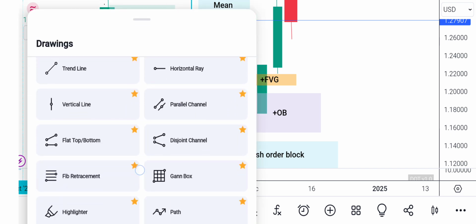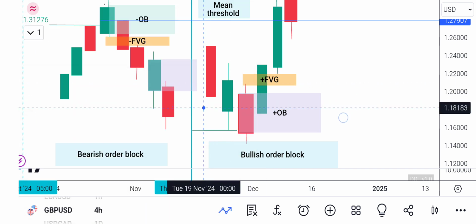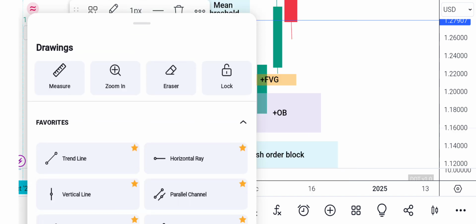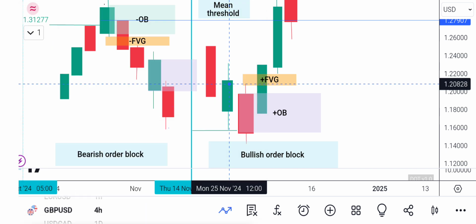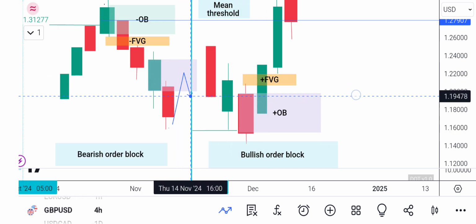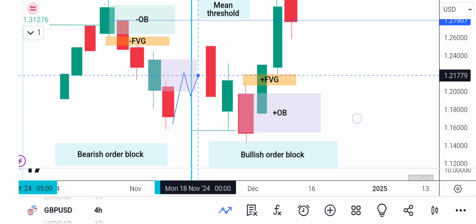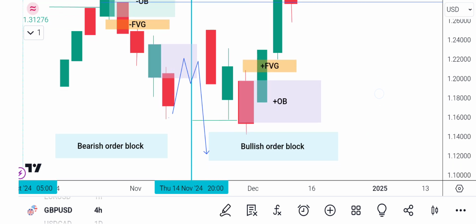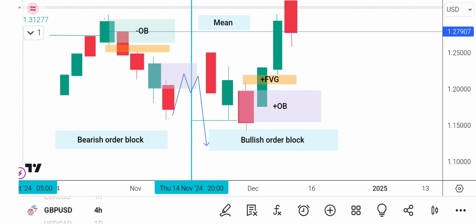Anytime price returns to that order block, especially order blocks that you spot on a higher time frame, always expect to see some form of reaction, because that is where the smart money is looking to take their positions. This is also a bearish order block. You can also consider it, and for the most part you see price will sell off from there when you are bearish. I hope you understand the bearish order block.